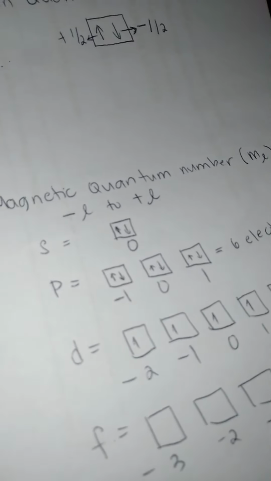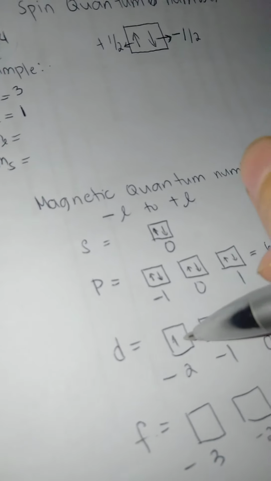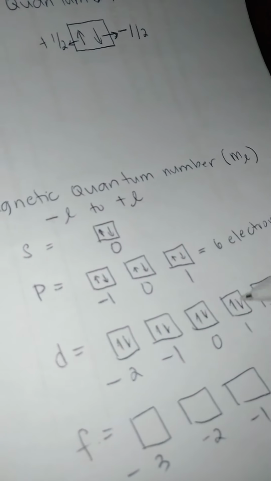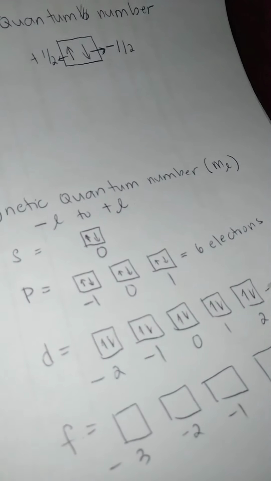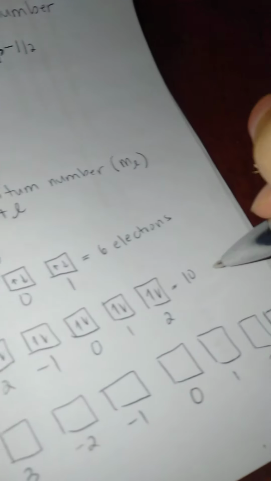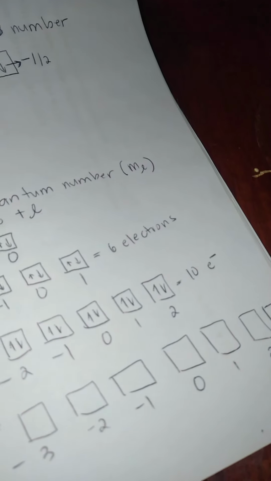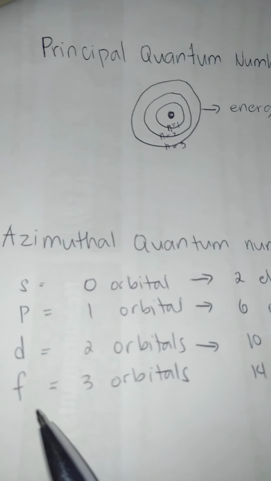Once you occupy these, 1, 2, 3, 4, 5, and then go back to the first, 6, 7, 8, 9, 10. That's why it has 10 electrons.